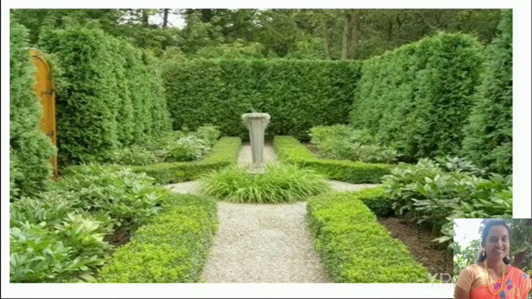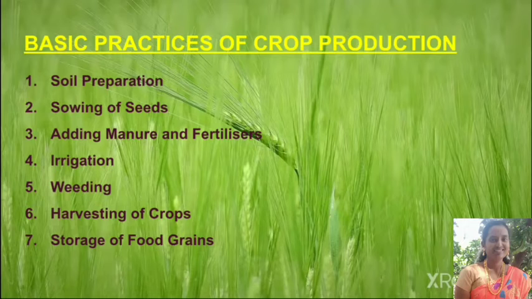Okay, so have you understood about the agricultural practices? Next is basic practices of crop production. To produce a crop, farmers have to do all these practices. We cannot produce crops in a fraction of a second like magic.